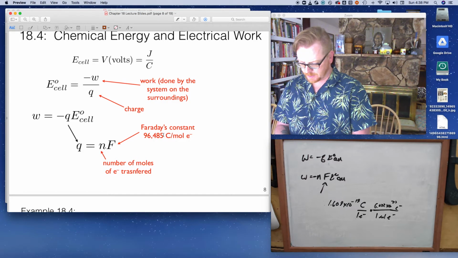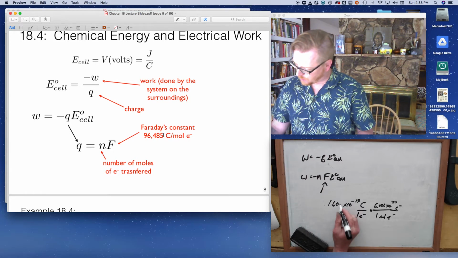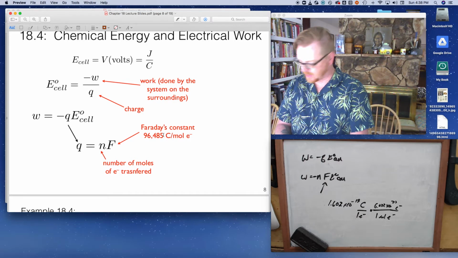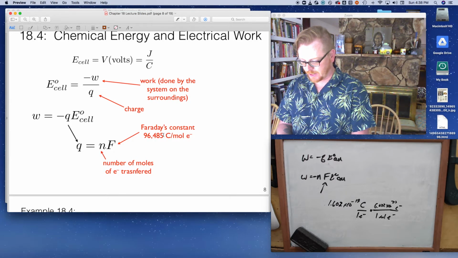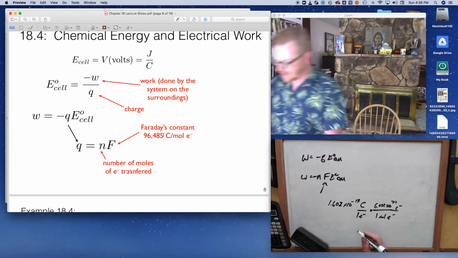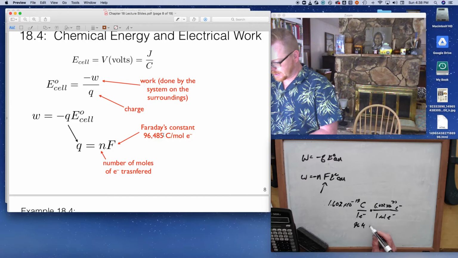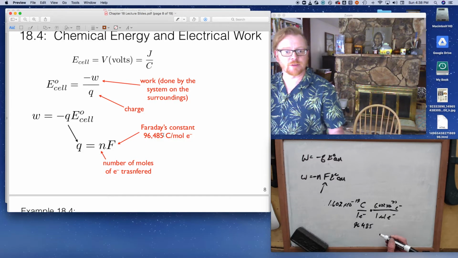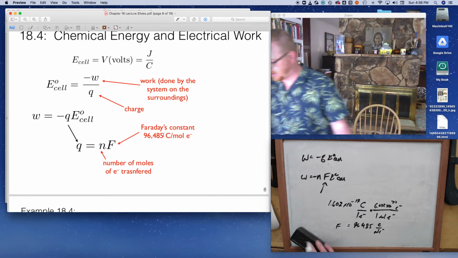We'll find out. Oh yeah, it is 1.602. This is what I get for pulling numbers off the top of my head. 1.602 e to the minus 19 times 6.022 e to the 23, and I get 96,485 coulombs per mole of electrons, which is exactly Faraday's constant.